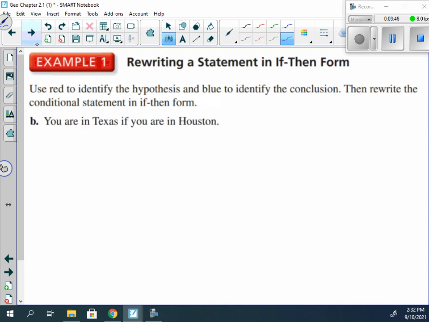Let's look at the next one. You are in Texas if you are in Houston. So what's the hypothesis? You are in Houston. The conclusion is? What kind of gave it away? If you were in Houston kind of gave away what was going to be the hypothesis.